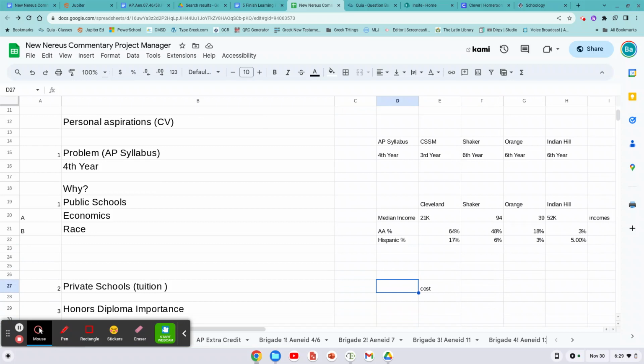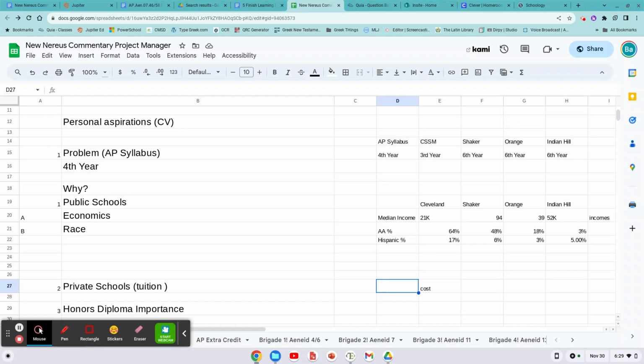You can also look at private school. Now, you can't get the data for private schools in respect to how much the parents make, but you can look at tuition dollars. And so, if you look at tuition dollars, you would then compare that to what our money is that we receive as a unique school.